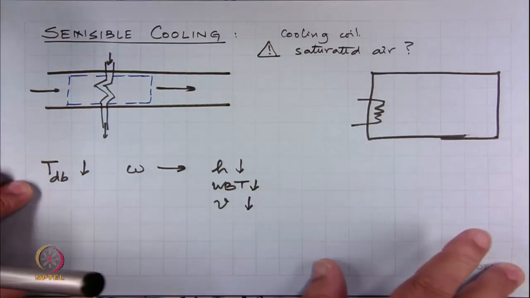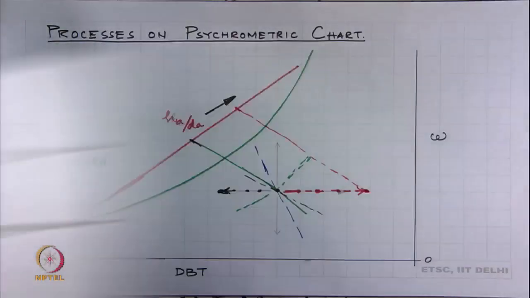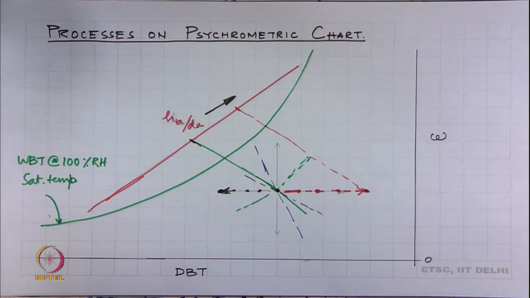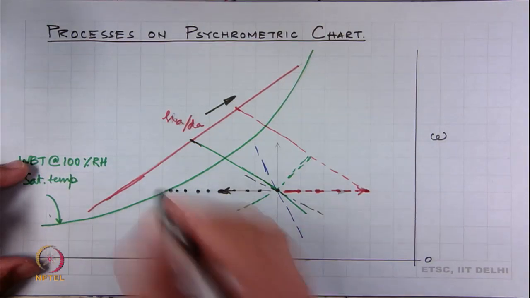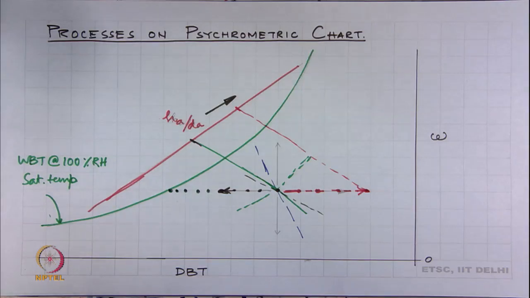But there is a little caution on this particular generalization. We can continue on these states, continue cooling until it hits this point. That means we have cooled it to the point that the air has now become saturated.